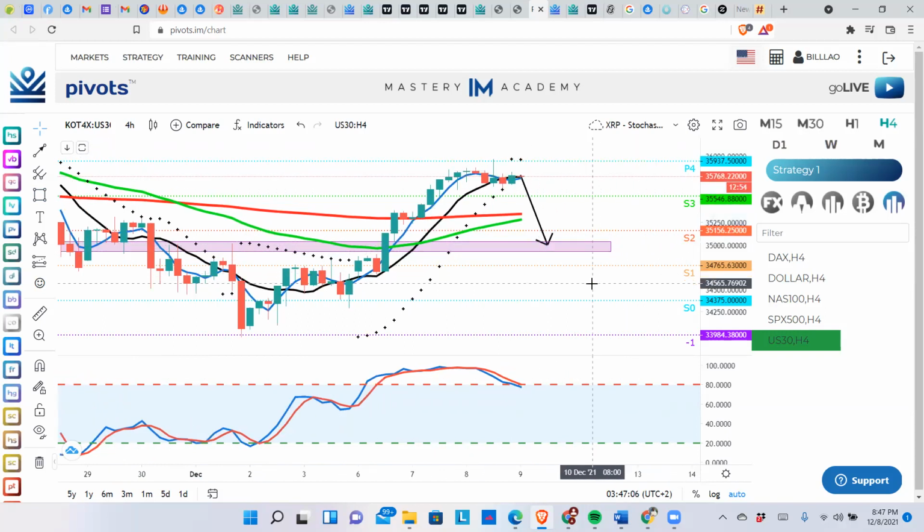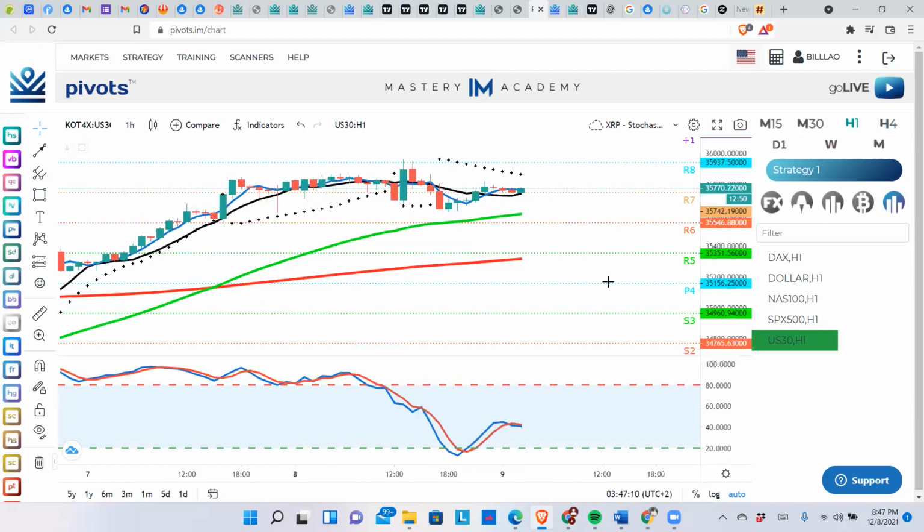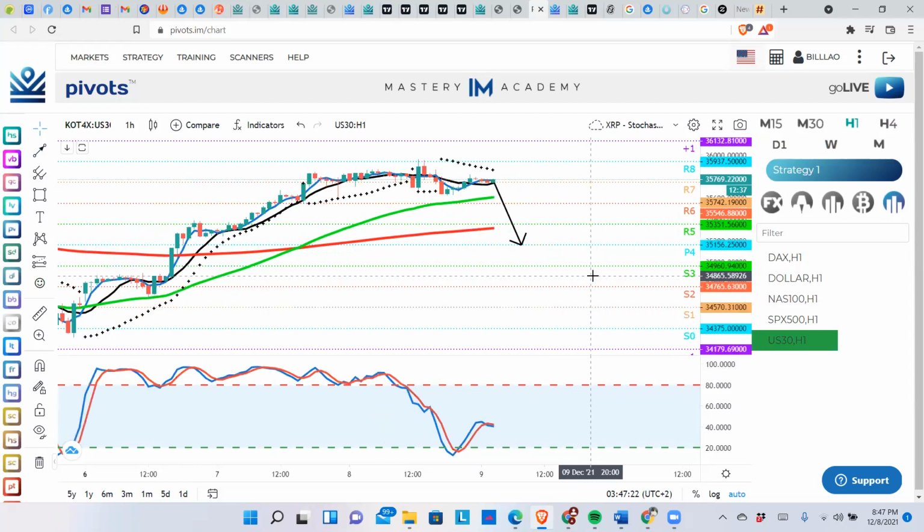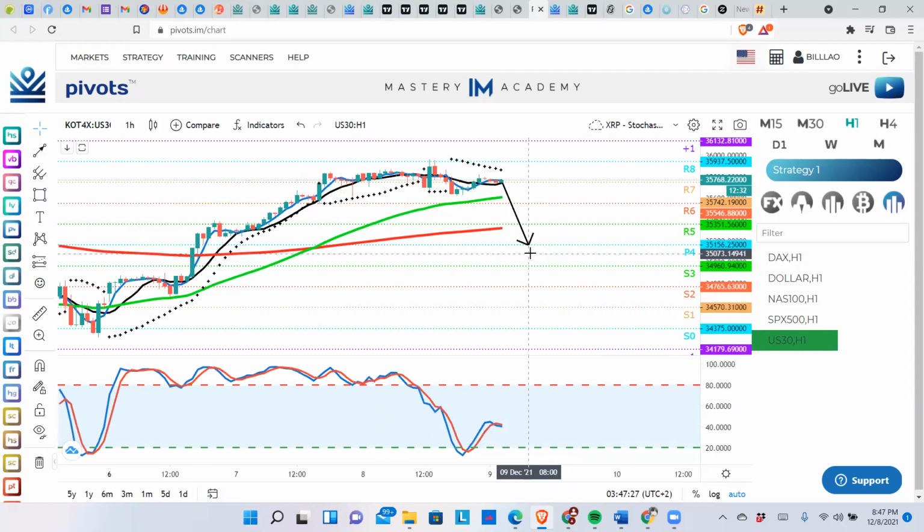And this is on the 4 hours. When we keep dropping down, 35,156 is now at P4. One of the many reasons why I love pivots. So we already know 35,156 is where we are targeting. But what do we also know? When the market gets to P4, what happens, right? When the market gets to P4, what happens?